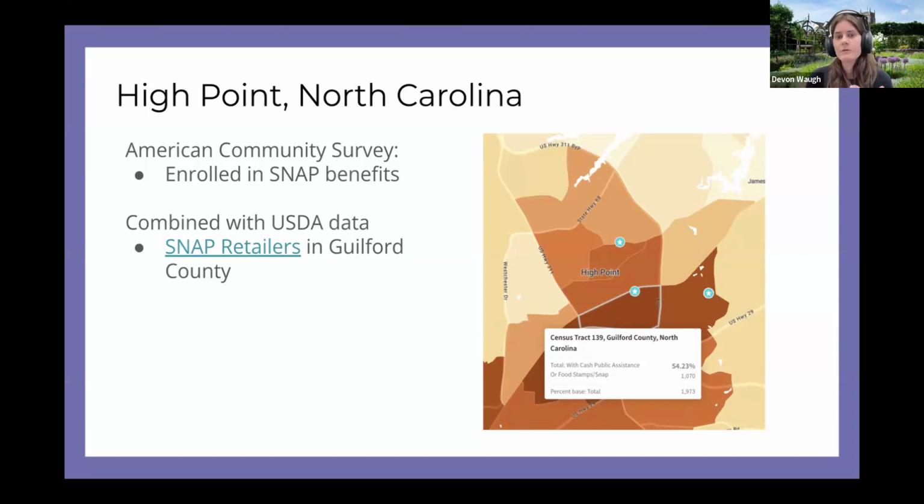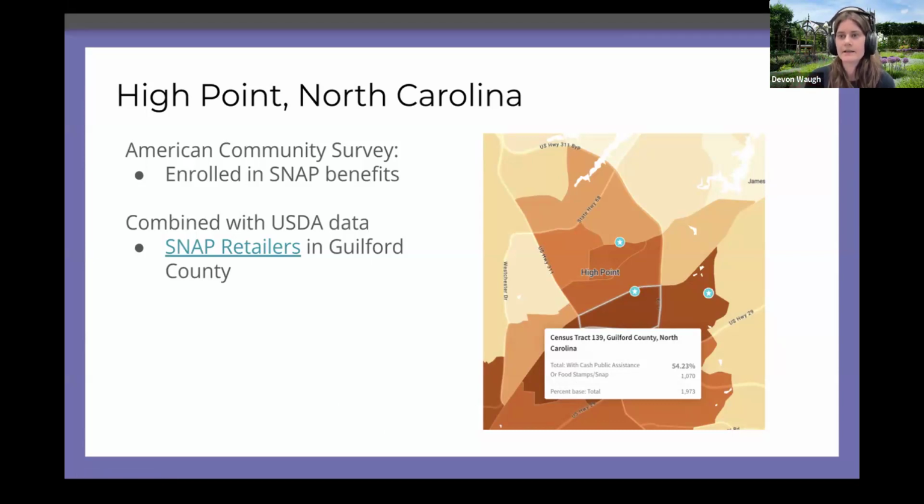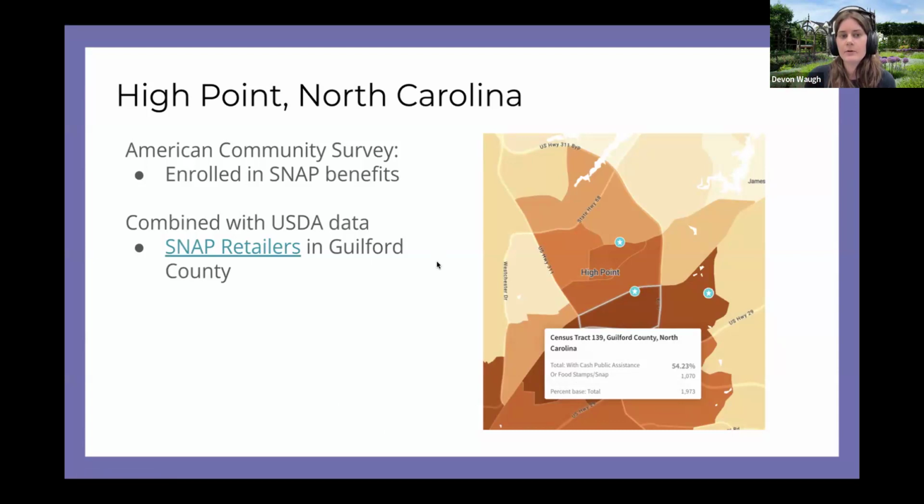So that's one way that you can take custom data and upload it and analyze a small segment of a community and use it for a grant proposal or for working with local government. Because it's really a lot easier for people to see a trend or a phenomenon using a map or some sort of visual tool like this. And so that's an example of how you can use that.